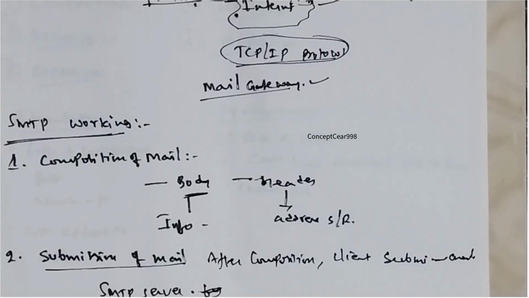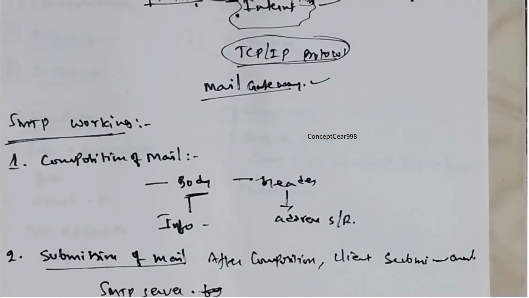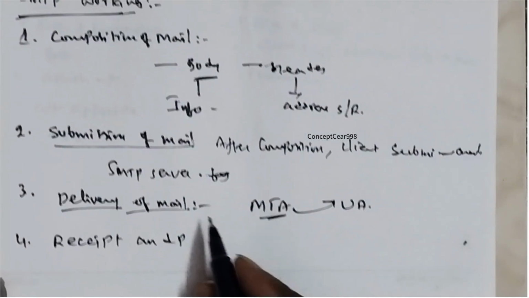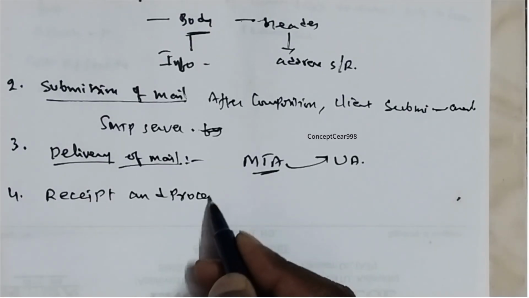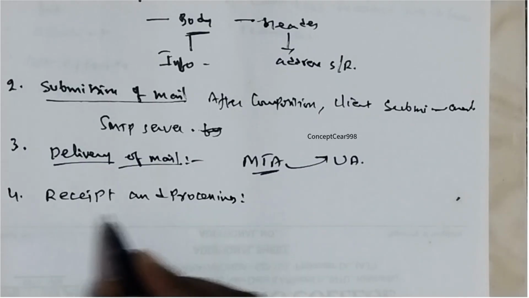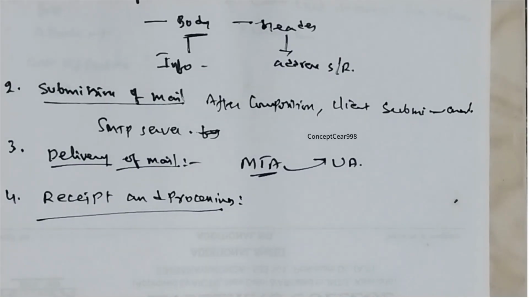The fourth one is receipt and processing. What is the meaning of receipt and processing here? Once the incoming message is received, the exchange server delivers it to the incoming server, that is the mail transfer agent, which stores the emails.